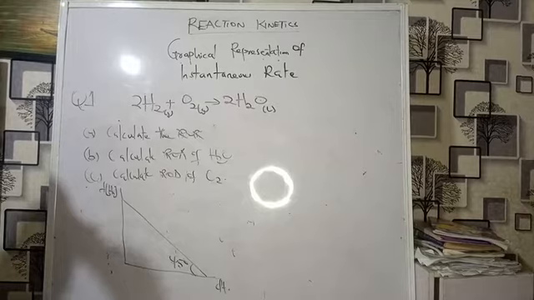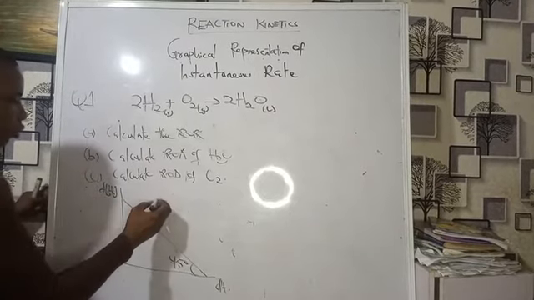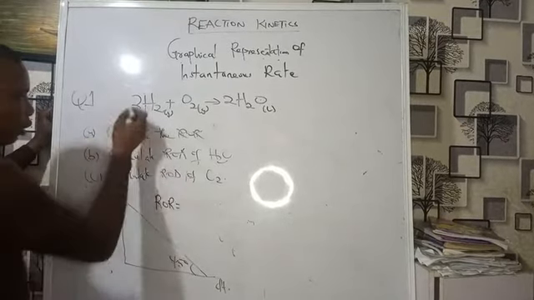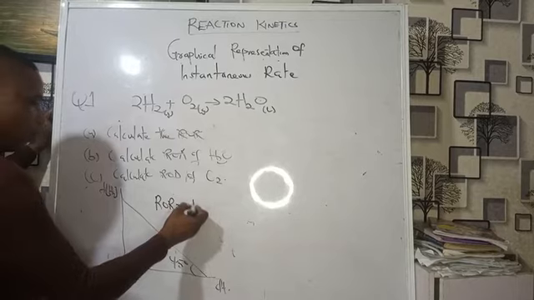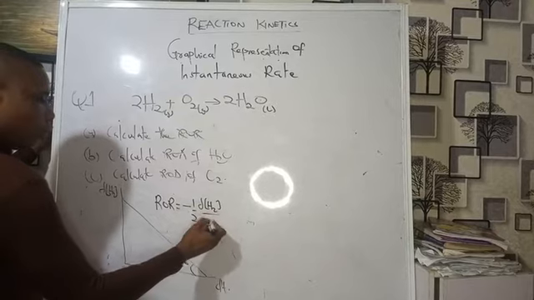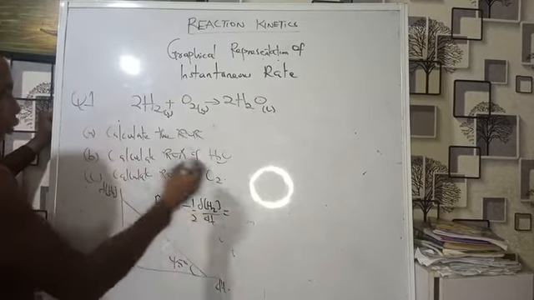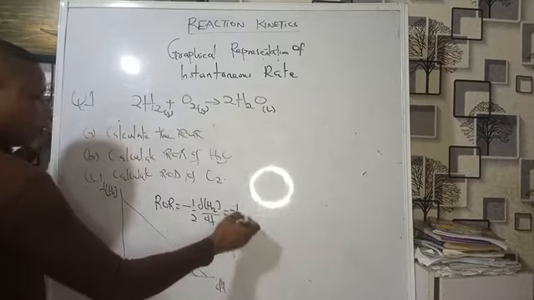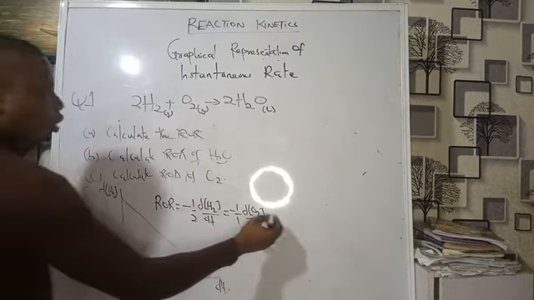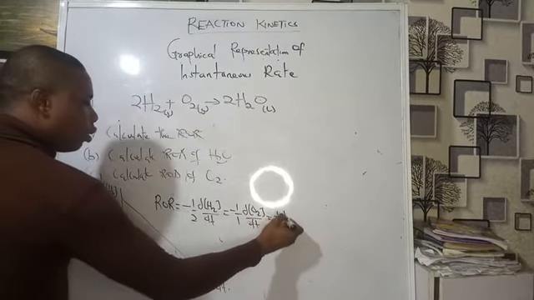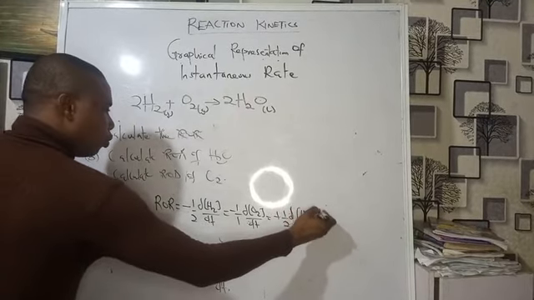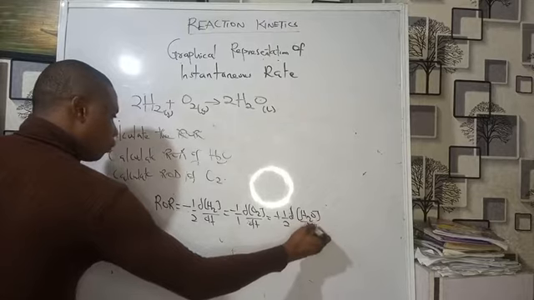So now first, let me write the rate of reaction out first. Rate of reaction for this equation, remember, is what? This one is disappearing, minus 1 over 2 d[H2] with respect to time, plus, minus 1 over 1 d[O2] with respect to time, equals plus 1 over 2 d[H2O] with respect to time.